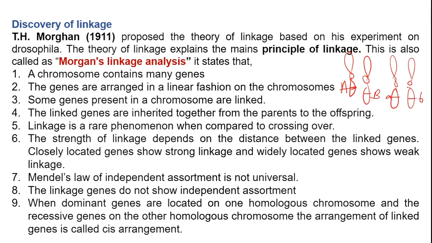If heterozygous combinations are there, instead of that, capital A small b is here, and small a capital B is there. This is a rare combination. This is called trans arrangement. We're going to discuss that in the next successive slides.